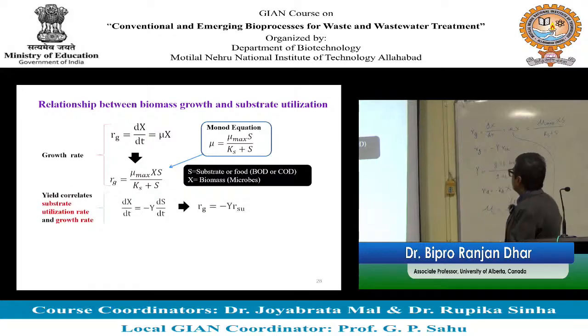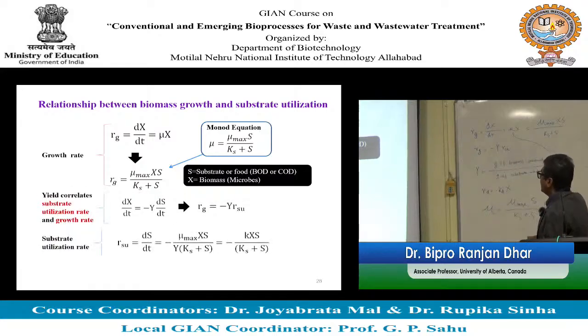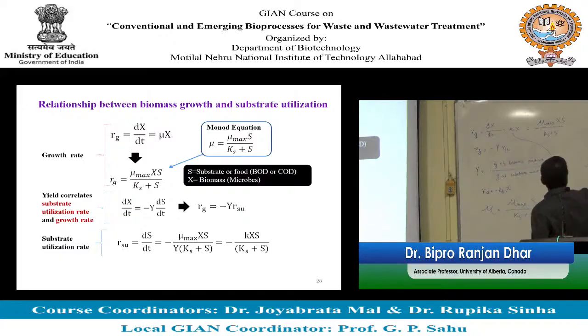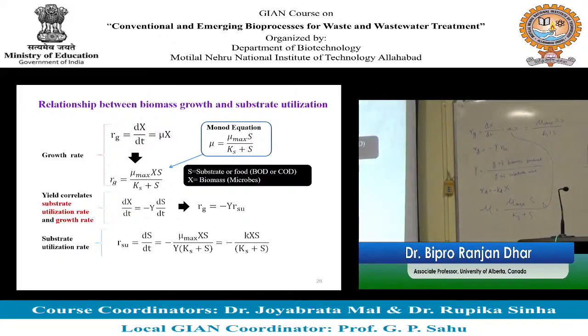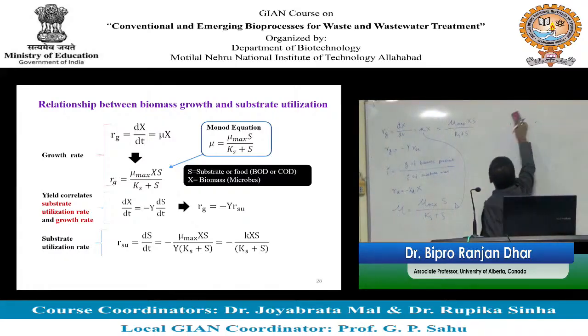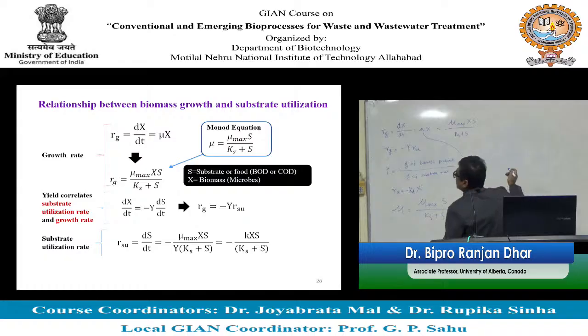So yield, again the same thing. I have the yield equation here, right? So I can get an equation for the substrate utilization rate. Here, the substrate utilization rate rSU is going to be minus rG divided by Y, right?